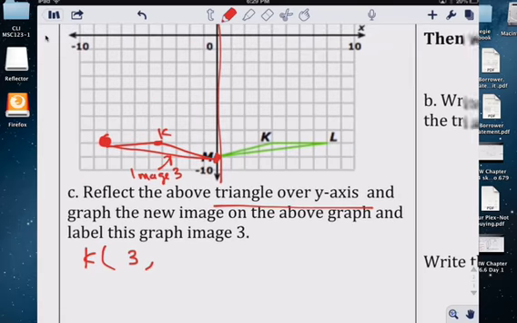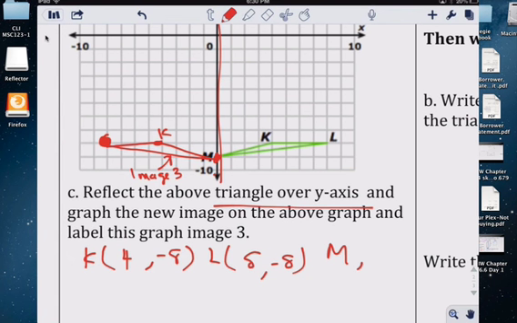Four, negative 8. L, negative 8. Oh, that's the reflection. L is 8, negative 8. M is 0, negative 9.